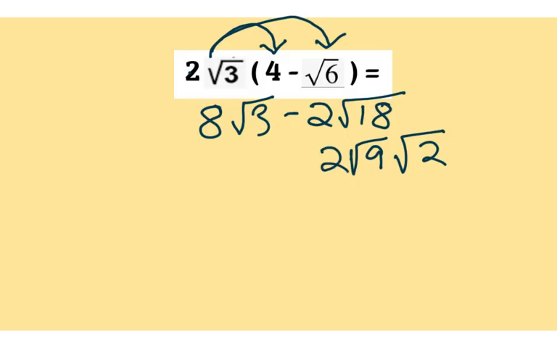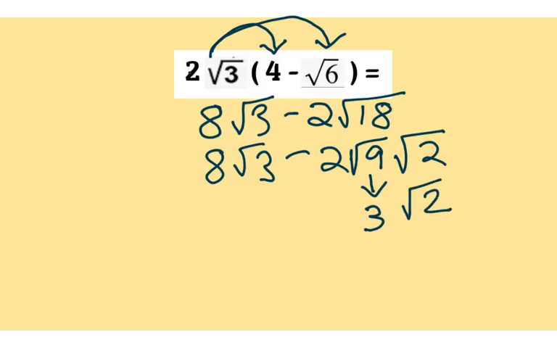And I'll bring down the 2, the minus sign, and the 8 radical 3. Next, I could break the 3 out of this radical 9, and I'll bring down the radical 2, and the other 2 we were multiplying the radicals by. And I'll also bring down the 8 radical 3.